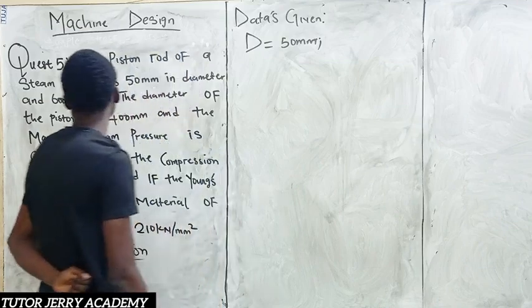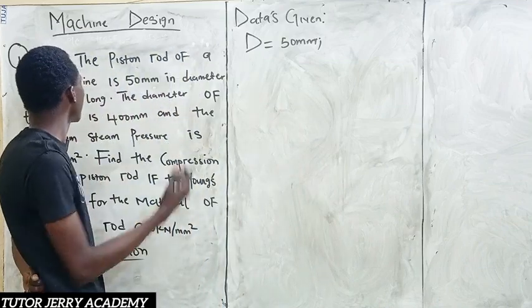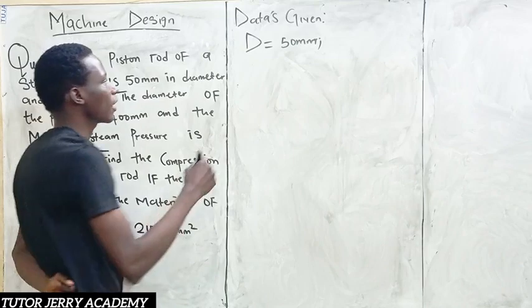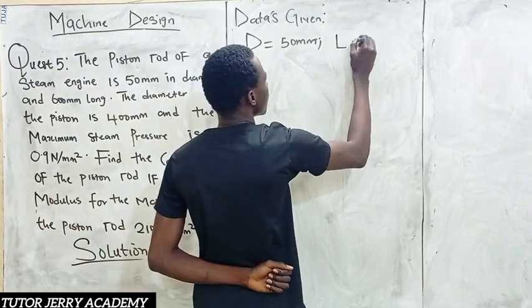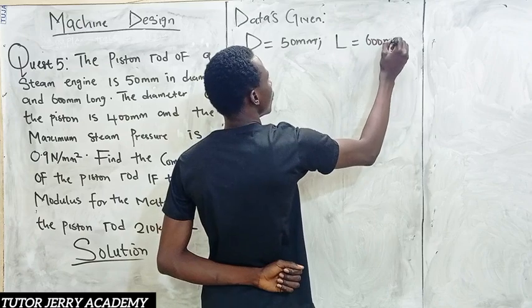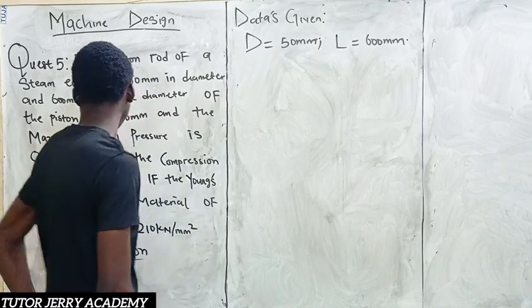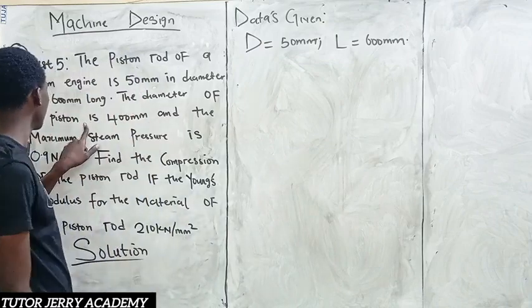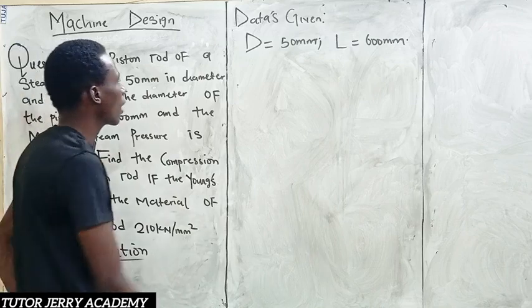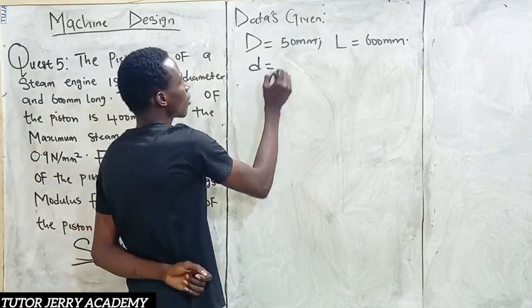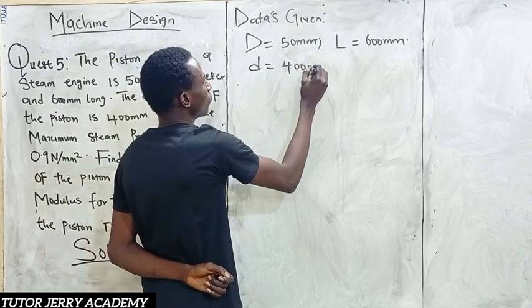Next, what do we have? We have our length of the piston rod to be 600 mm. So length is equal to 600 mm. What do we have next? We have the diameter of the piston, which is 400 mm. So we can say D is equal to what? 400 mm.